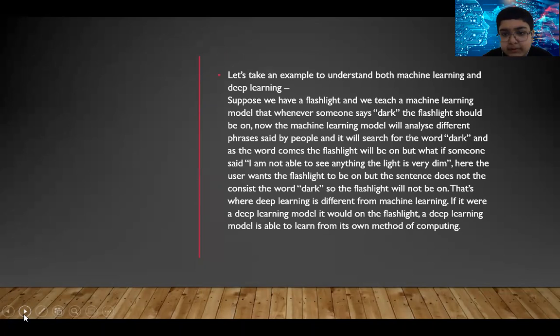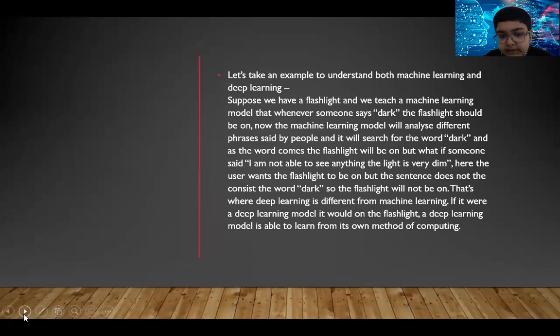Let's take an example to understand both machine learning and deep learning. Suppose we have a flashlight and we teach a machine learning model that whenever someone says dark, the flashlight should be on. Now, the machine learning model will analyze different phrases said by people and it will search for the word dark. And as the word comes, the flashlight will be on.